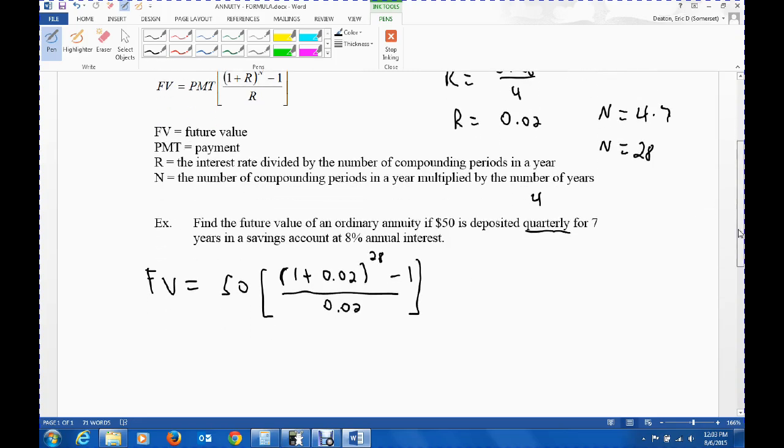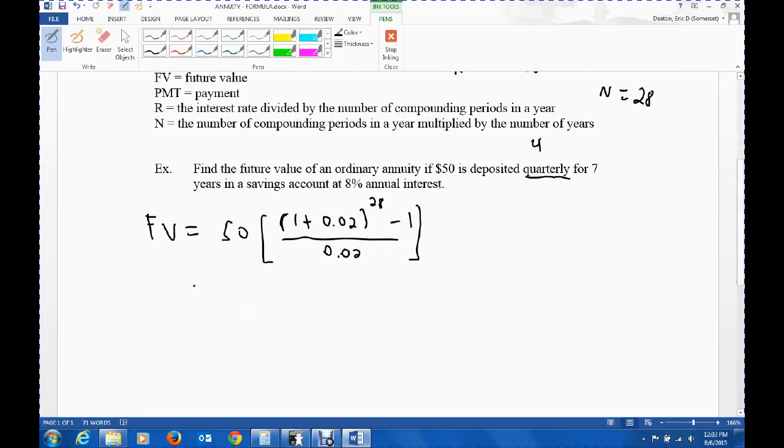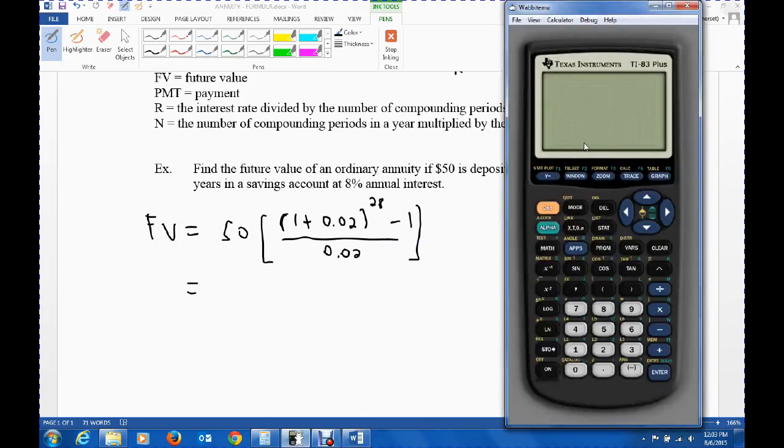Now the way I'm going to do it first is actually with the graphing calculator, and some scientific calculators can be done this exact same way. So I'm actually using the TI-83. I need to turn it on first, of course. And so what I'm going to do, I'm going to type it in pretty much as I see it. So I type in the 50, then I see a bracket and parentheses.